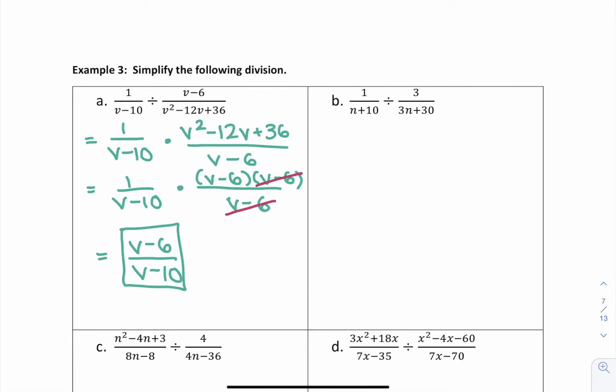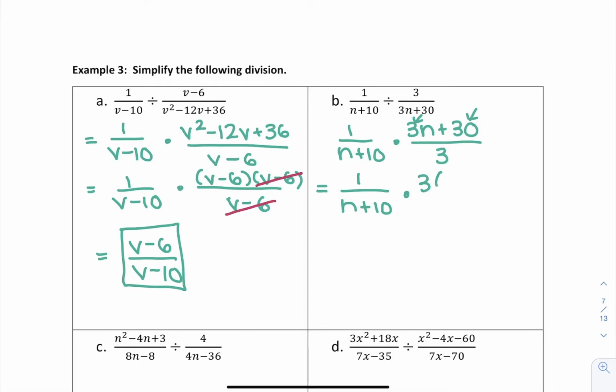Let's try another. We're going to keep the first fraction, change to multiplication, flip the second fraction. Now we're going to factor as much as possible. So 1 over n plus 10. This 3 and 30, the GCF is 3, so we'll take out a 3. And then on the inside, we're left with n plus 10 all over 3.